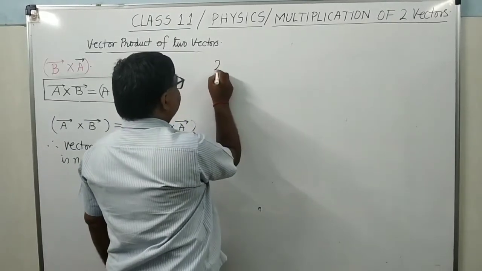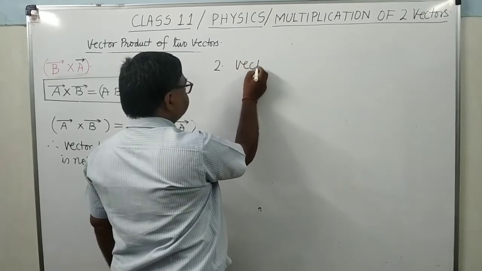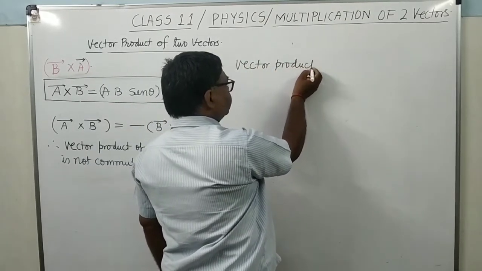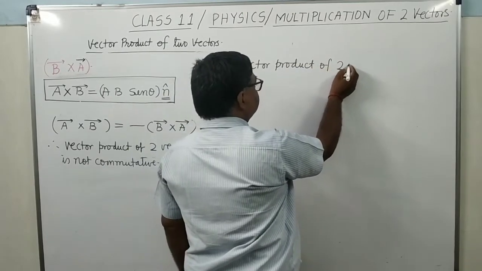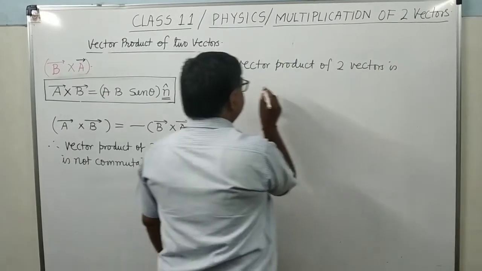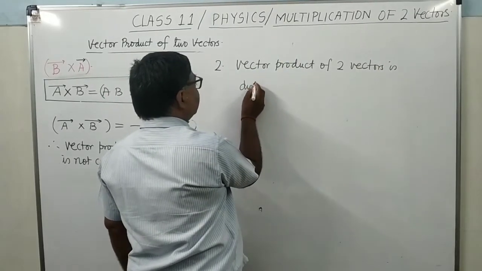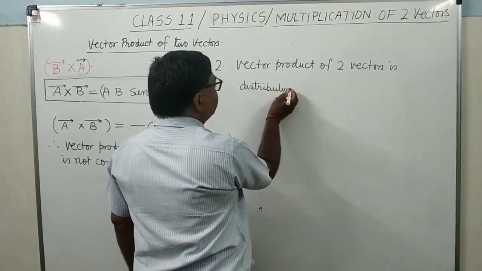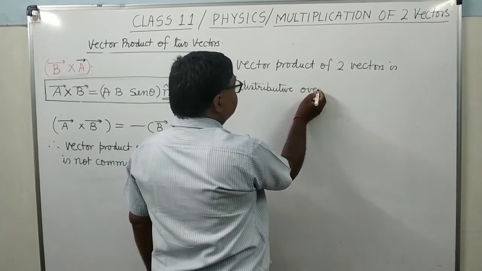Means the vector product of two vectors is distributive over addition.